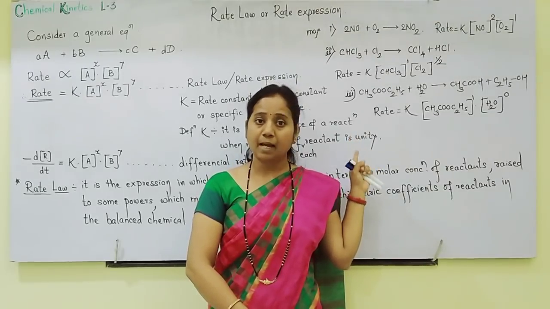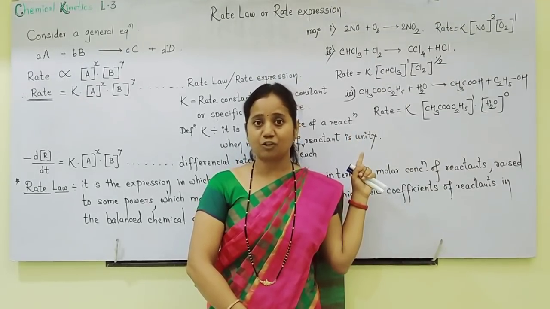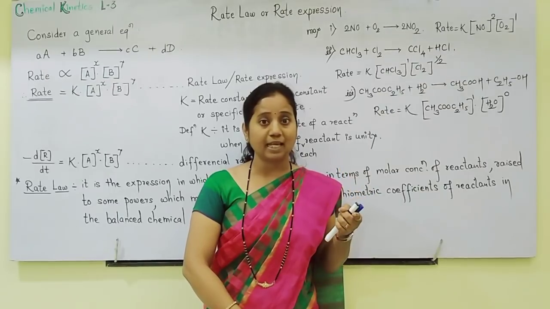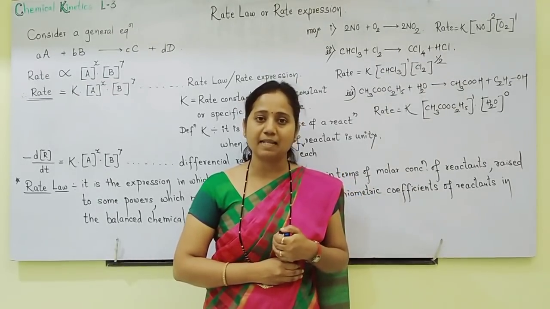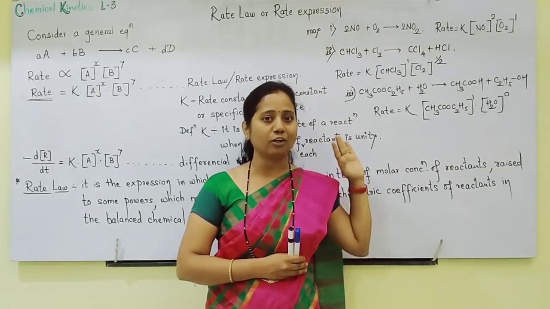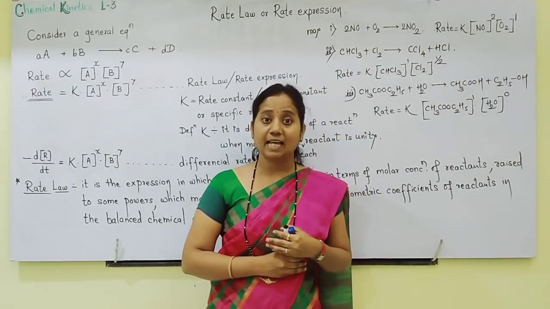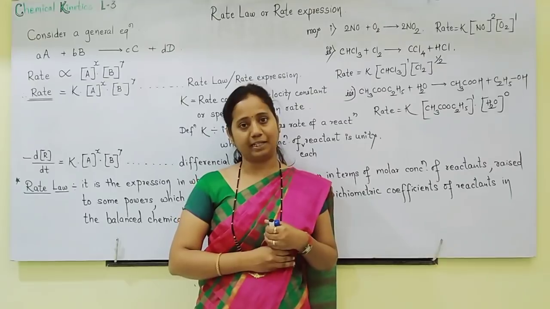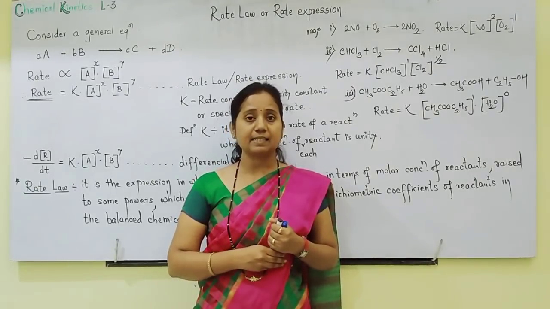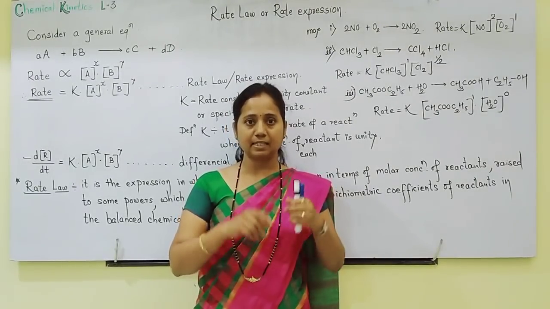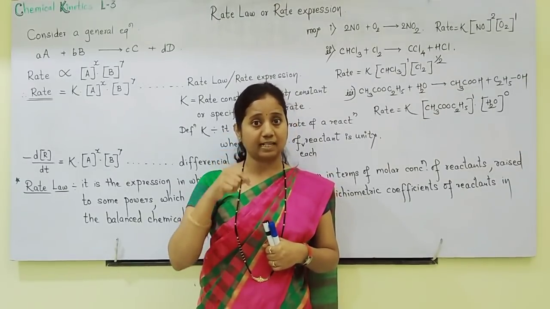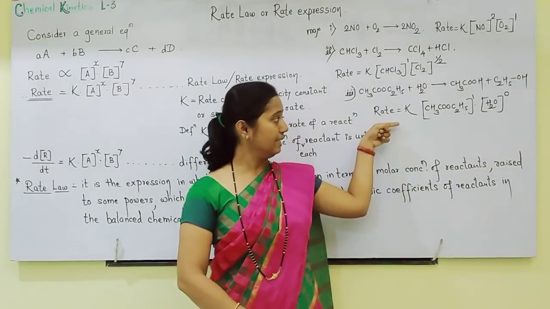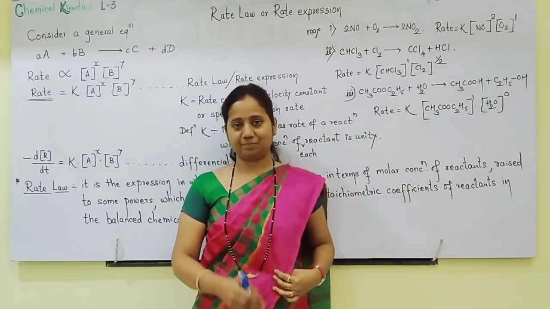Now by rate law, we can write rate of a reaction after performing an experiment, not merely looking at the balanced chemical equation. It is not theoretical, it is an experimentally determined quantity. Now let us see some experiments, their collected data, and looking towards the data, how can we write the rate law expression?